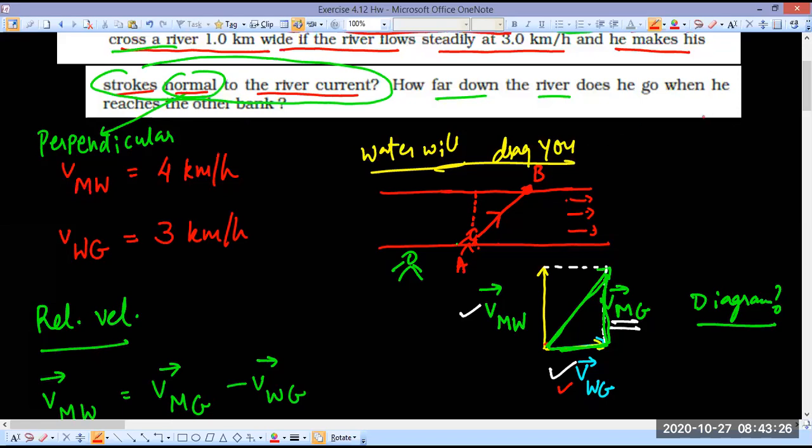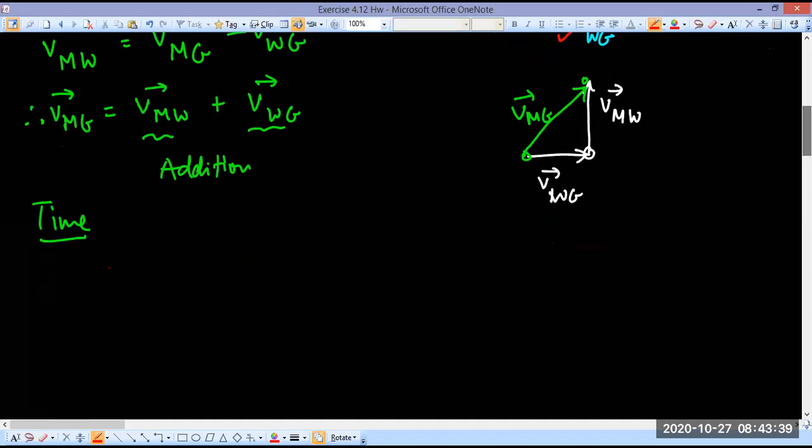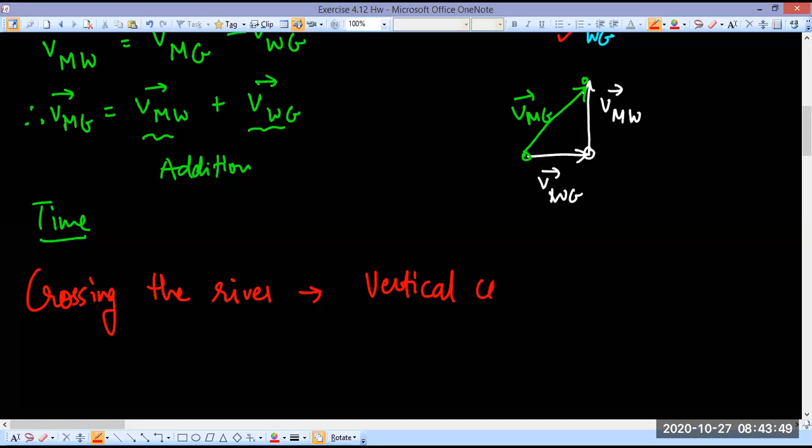Now, here you can make it very easy or very complicated. If you make a slight mistake in understanding, you will get confused, so just be a little bit careful. I'm saying that crossing the river should be related to the vertical component of velocity in this diagram.